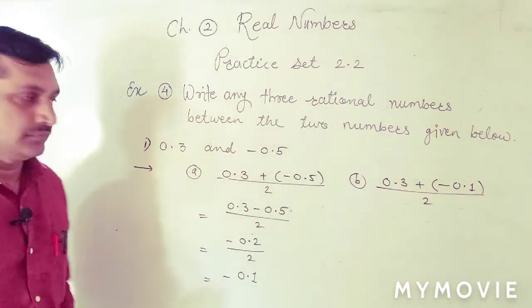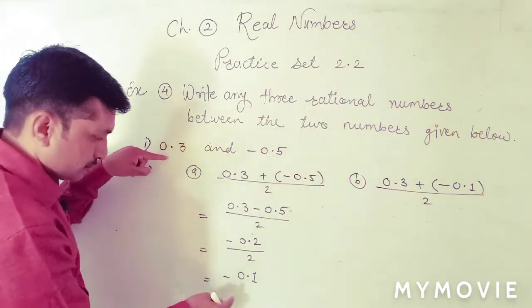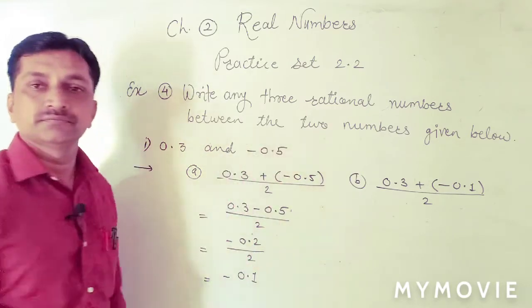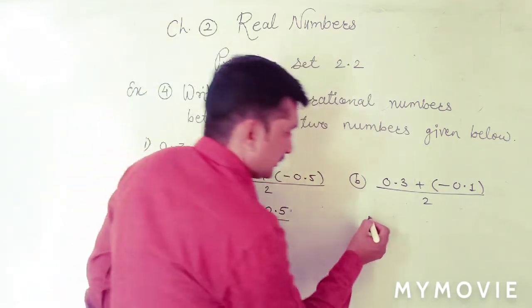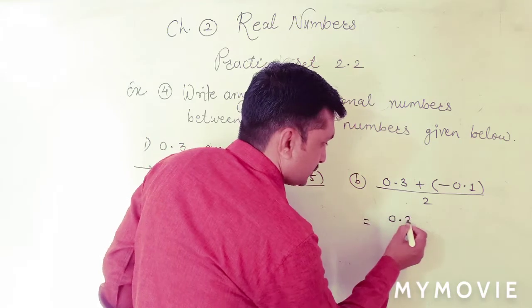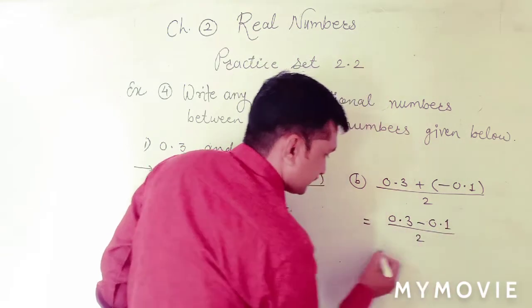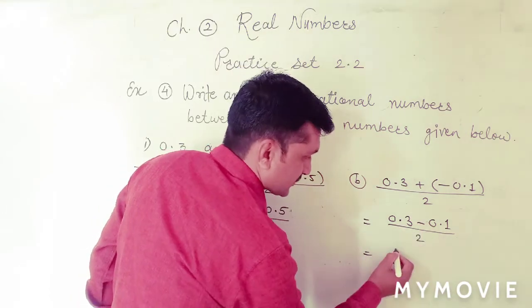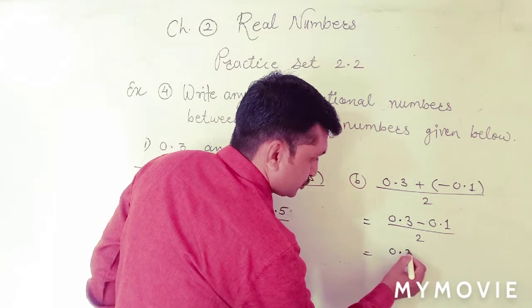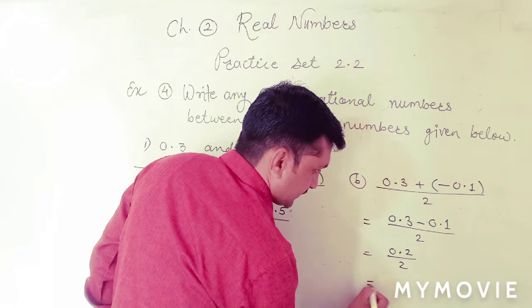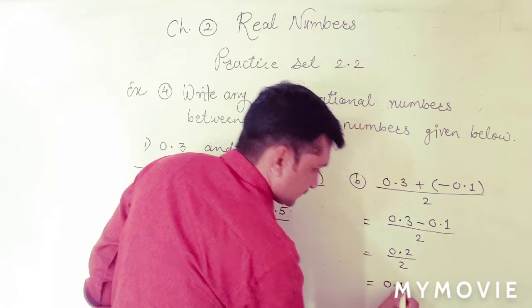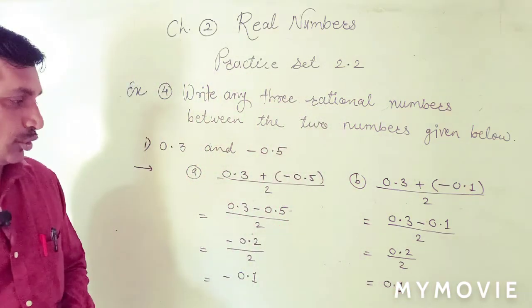Average. First average of this, now this, and after that this is equal to 0.3 plus minus 0.1 divided by 2 is equal to, here subtraction 0.2 upon 2, again 0.1. One more number we got.